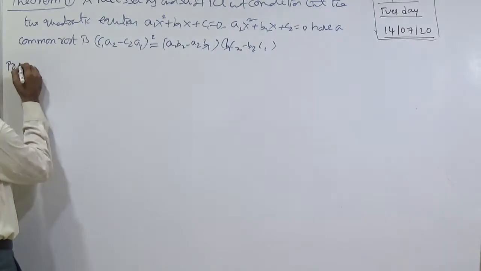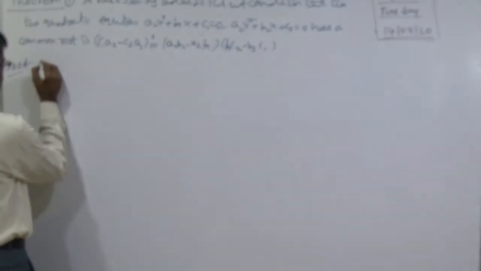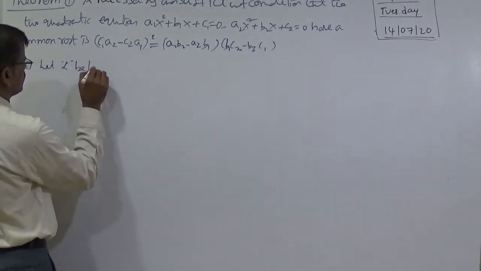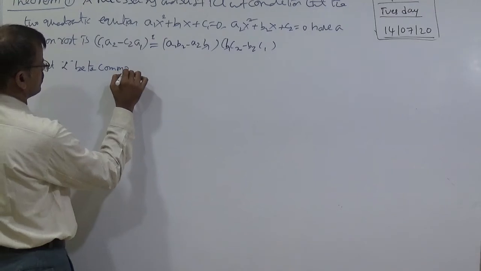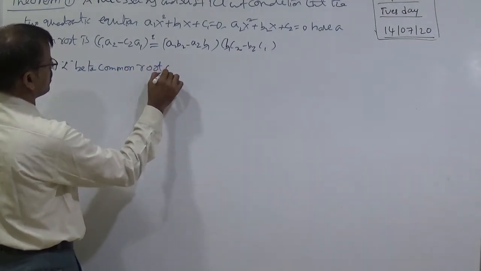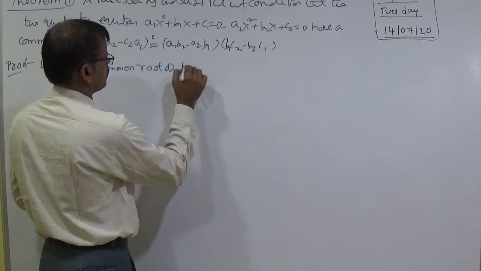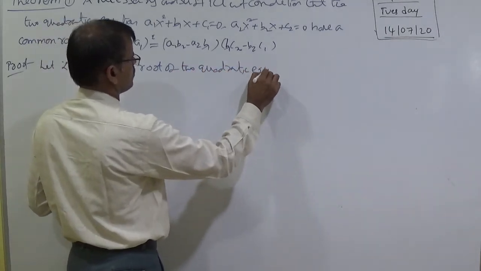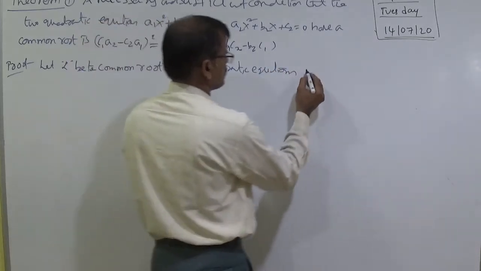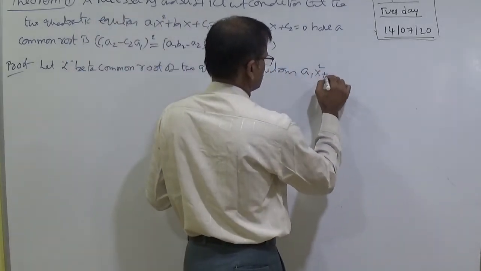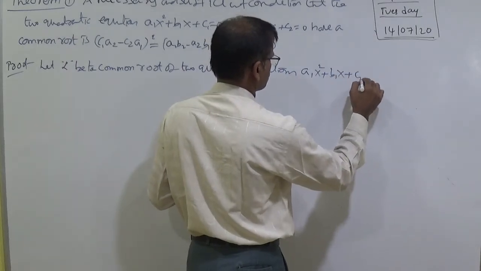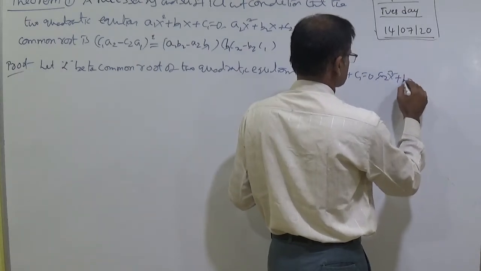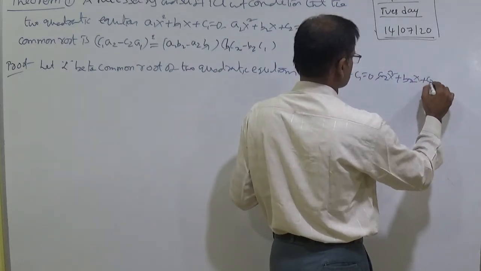Proof. Let alpha be the common root of two quadratic equations a1x square plus b1x plus c1 equal to 0, a2x square plus b2x plus c2 equal to 0.